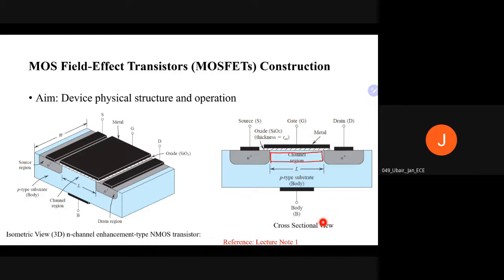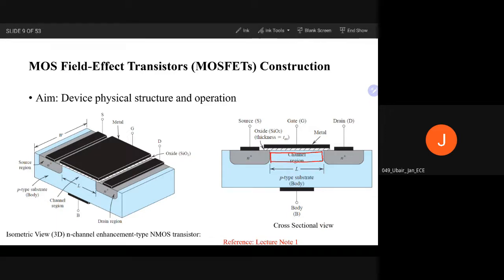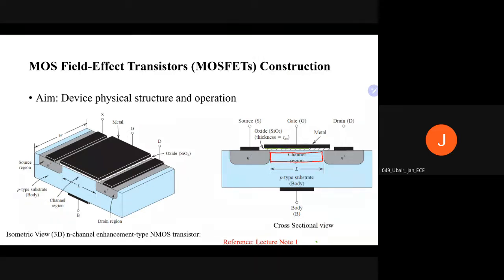Just above the channel, you will see white color, hatched lines. एक layer होगी white color की. So this layer is the green one that I have marked here. It is a thin oxide, silicon dioxide layer. ये छोटी सी layer जो है बहुत ही पतली होती है. It is known as silicon dioxide.